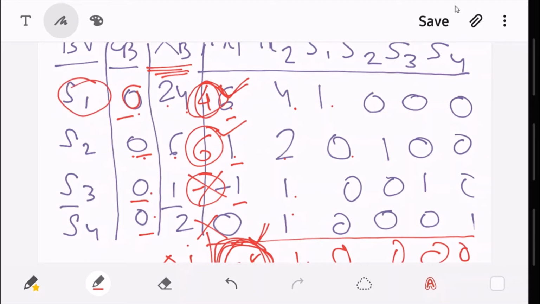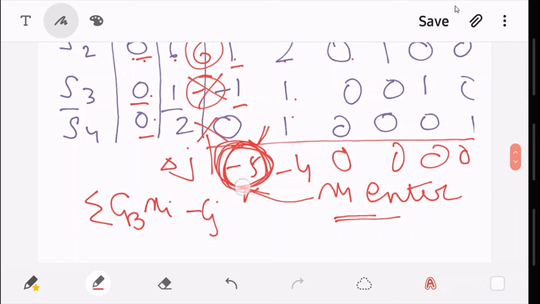So this one is leaving. Whichever is the minimum one, that is the leaving variable. And here we are seeing the most negative for the maximization problem. For minimization we shall see the most positive value, and this becomes entering.